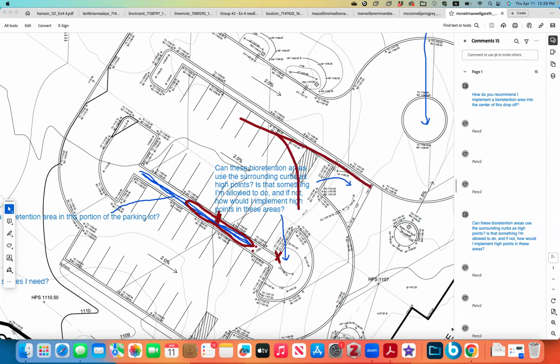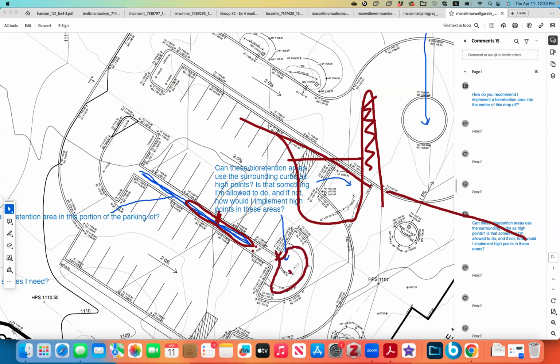Going down, and then this is my profile, and then I need a high point in the middle. I'm exaggerating so that the water will not flow down. Okay, so that's basically what you need. In between the curbs you need only one of them. And it's good that you have another one here. That's great.